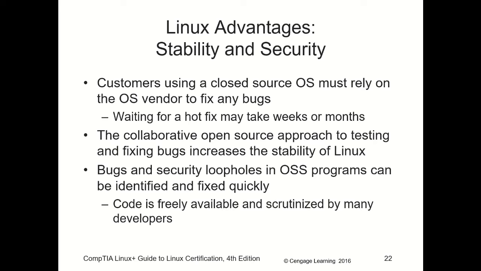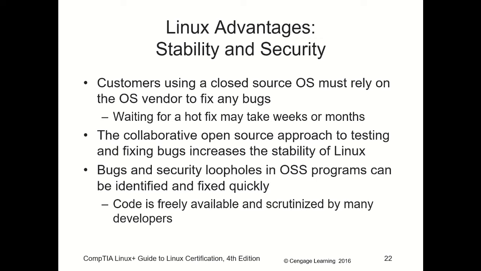Linux also provides stability and security. Customers using a closed source operating system must rely on the vendor to fix any problems, any bugs. So when you use a closed source product, you may need to wait for a hot fix, and that wait time may be weeks to months.